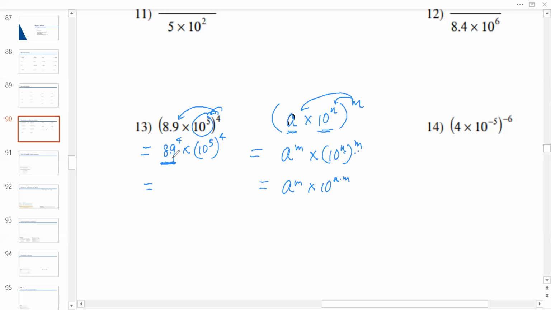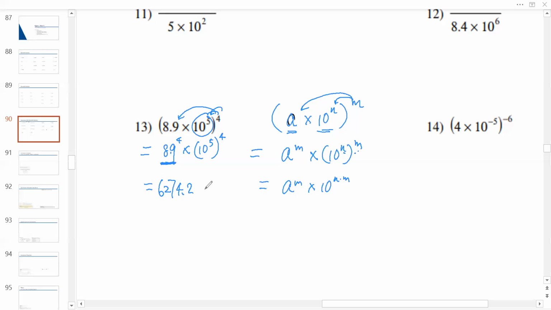Sometimes you are allowed to use the calculator during your calculation in the exam. Are you allowed to do that? I use a calculator here actually.